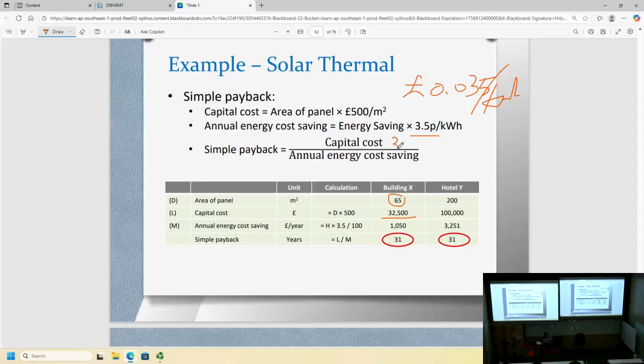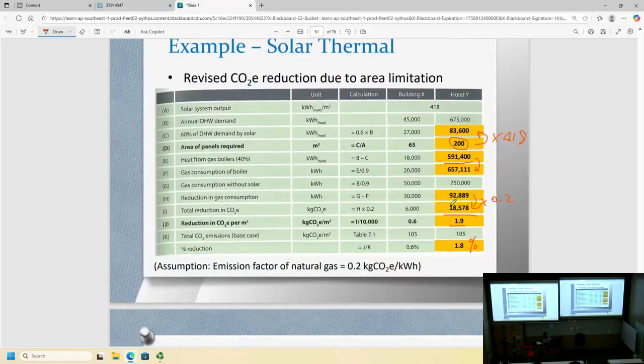So on the upper part it will be this, for building X, the capital cost, and the annual energy cost saving. So we can save this amount of gas consumption, right?